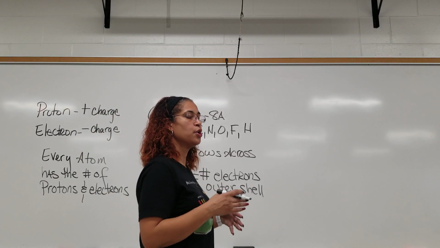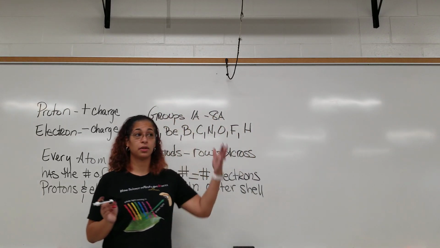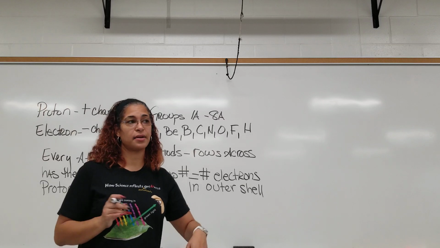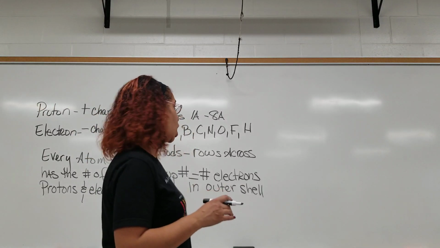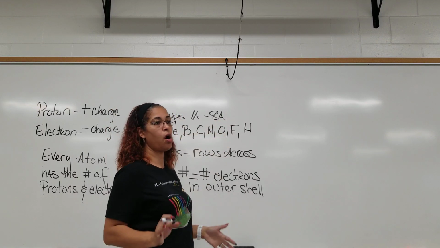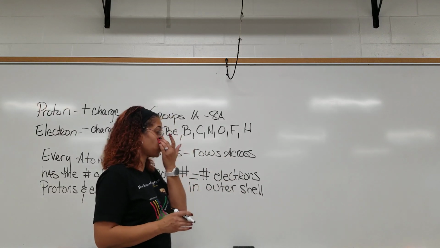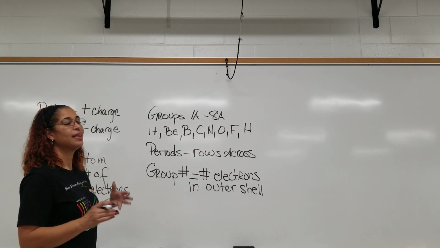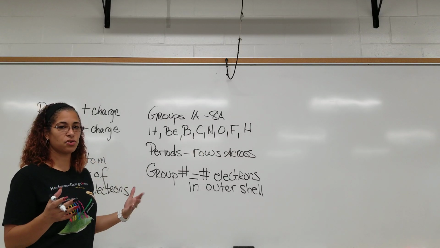In other words, to max out its outer shell, or in the cases of the larger atoms, to have at least 8 electrons in the outer shell. Now, all of group 8 already have a stable outer shell, so they're happy. But groups 1A through 7A, they are not really happy. They want to maximize their outer shell.